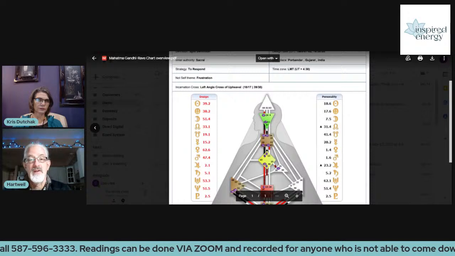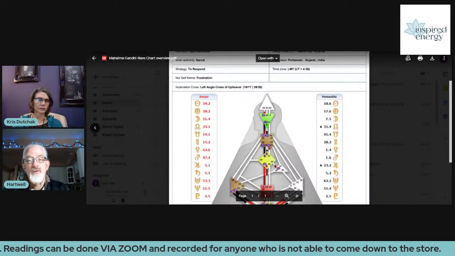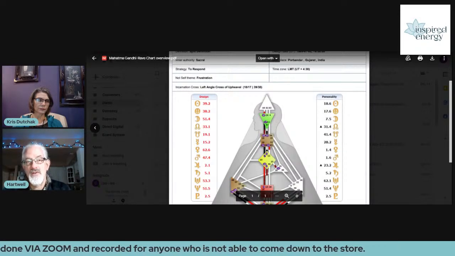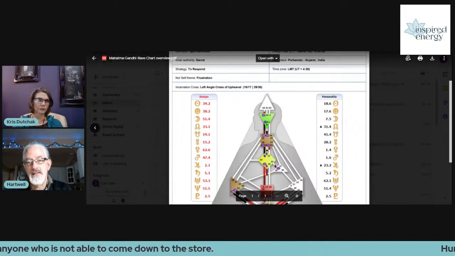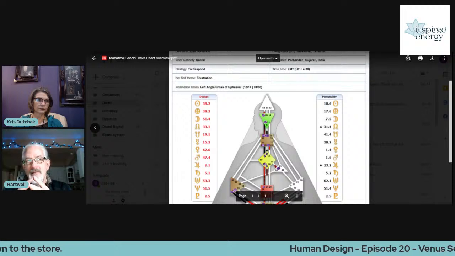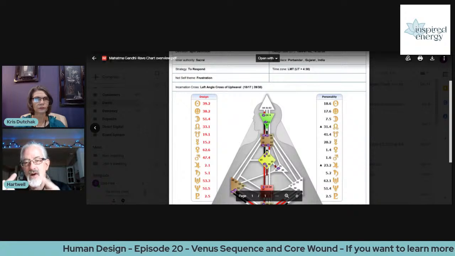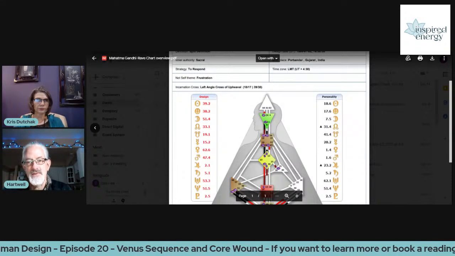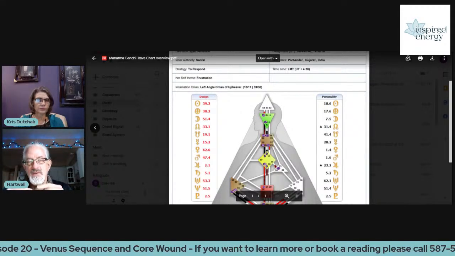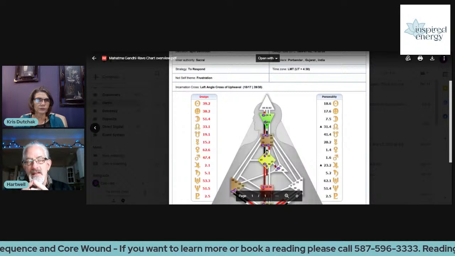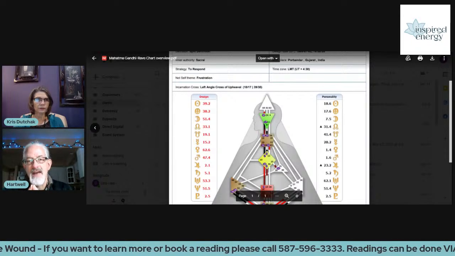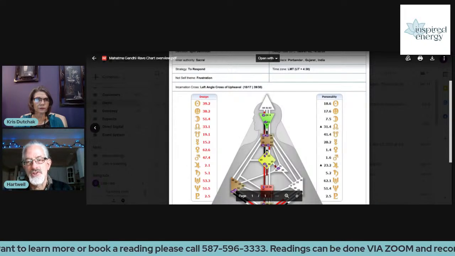So if we look at the 4 gates, the 4 lines relating to the Mars Venus on both sides, then we see, okay, these are the things that we can pay attention to, to release ourselves, because the Venus sequence has to do with our ability to give and receive love and the patterns of how we behave in relationships.